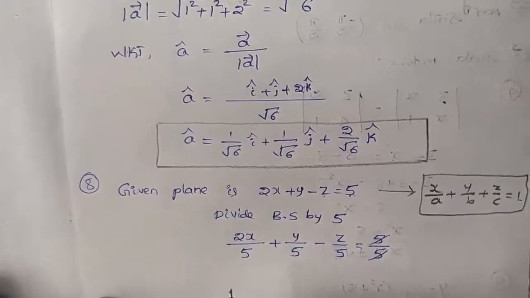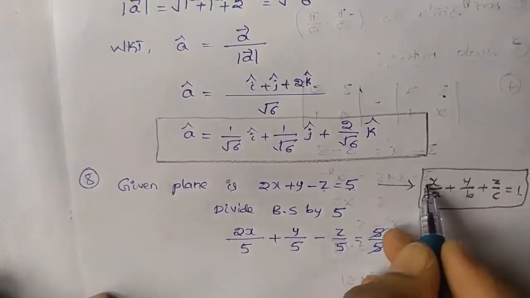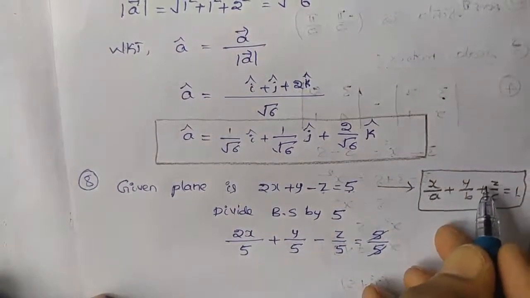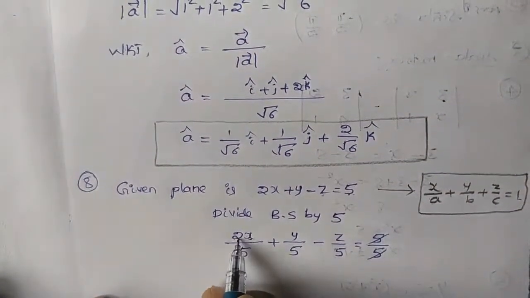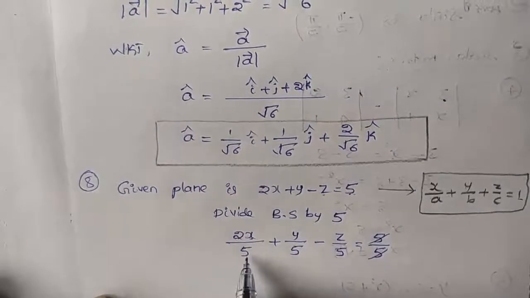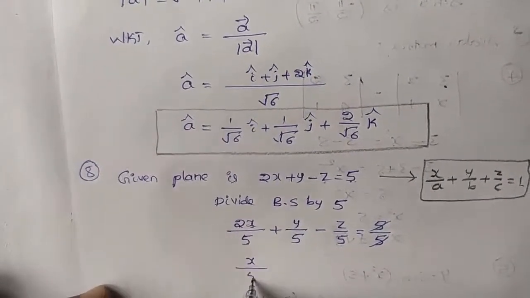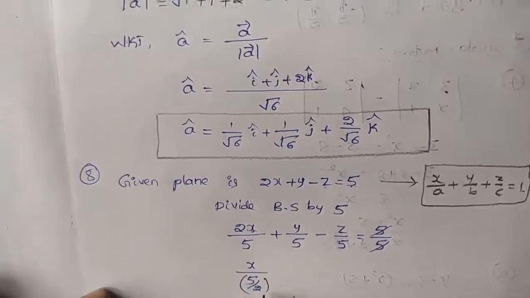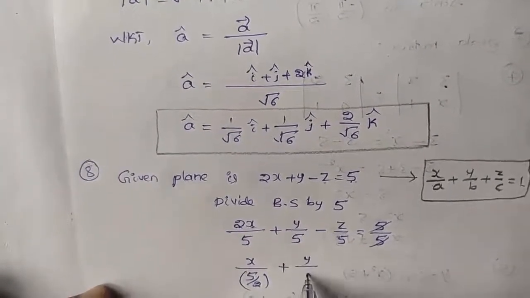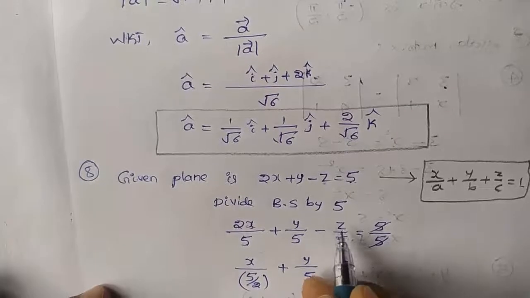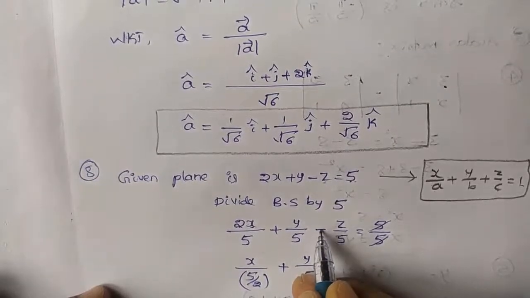Next, let us simplify further. X coefficient 1, y coefficient 1, z coefficient 1. Here x coefficient is 2. Shift this 2 in the denominator. Then that will becomes 5 by 2 plus y by 5. Here z coefficient is minus 1.